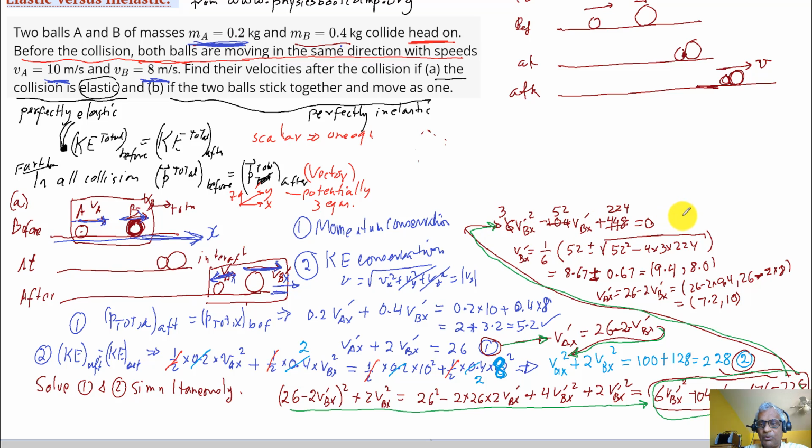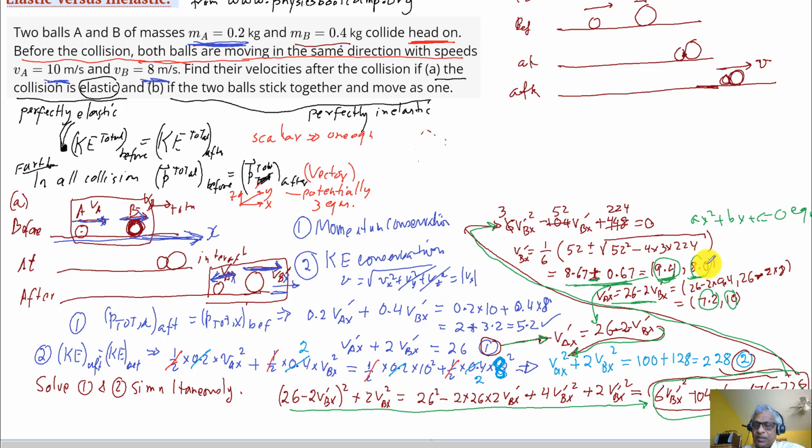This is a quadratic equation, like ax squared plus bx plus c equals 0. When I solve it, I get two answers, this plus or minus this. Then I put them into this. If it's 9.4, then I'll get this. And if B is 8, then it's 10.